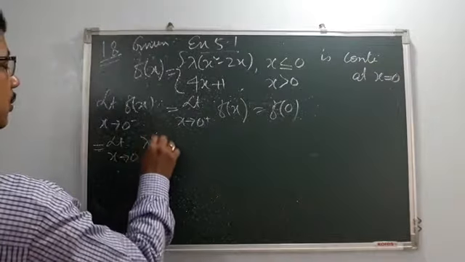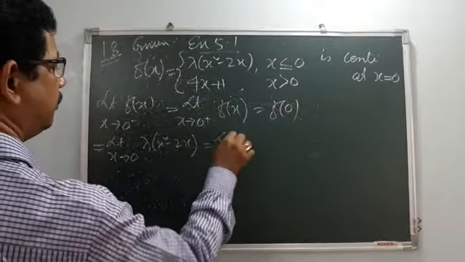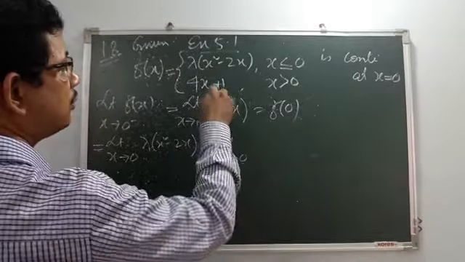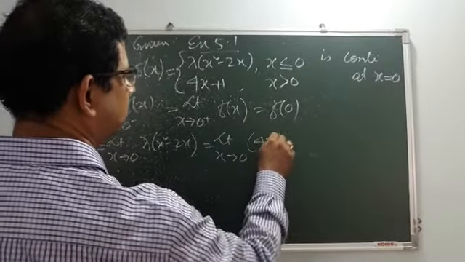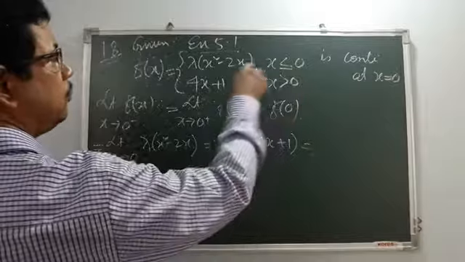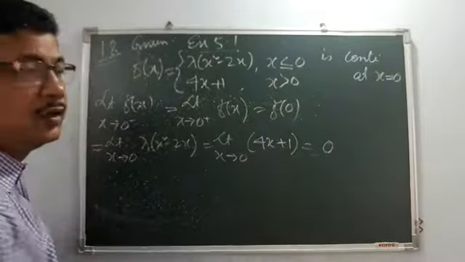So we write limit f(x) as x tends to 0 plus, meaning a little greater than 0, for that 4x + 1. And f(0) means, if we put 0 here, λ into 0 minus 0, that is 0.